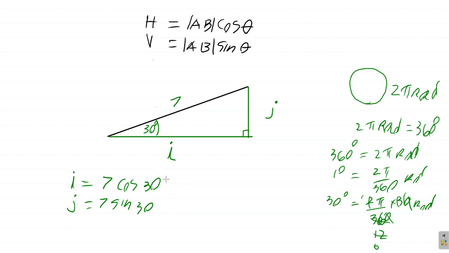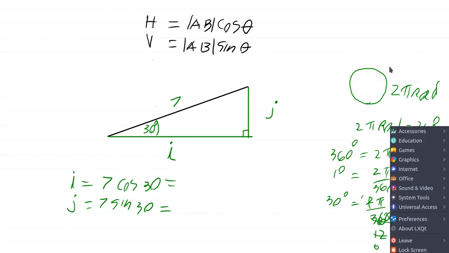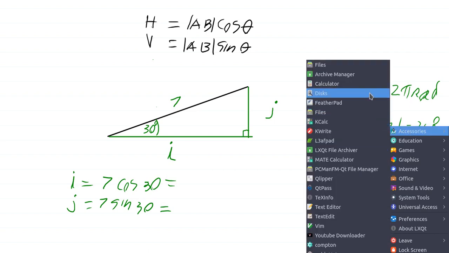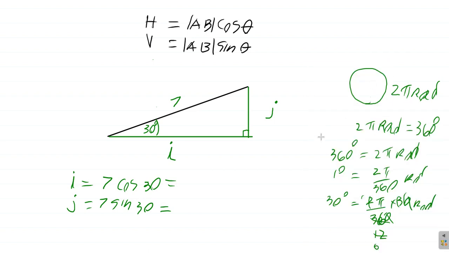Now, suppose you calculate these, you get 7 cos 30 and 7 sin 30. I could do the calculation and see what they come out to.